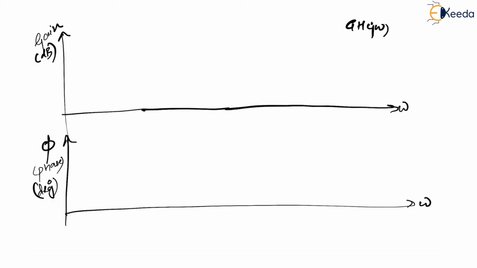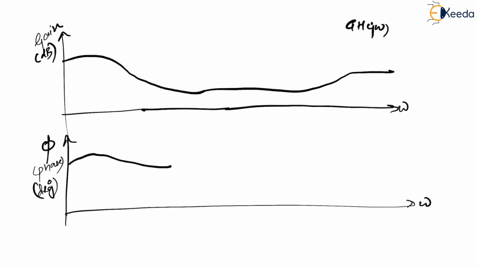So I can have some plot like this. This is nothing but the magnitude response. Similarly, I may also have some phase like this. Let us say this is called the phase response.